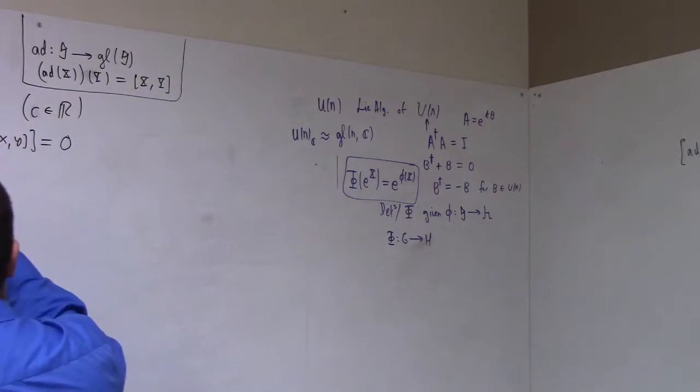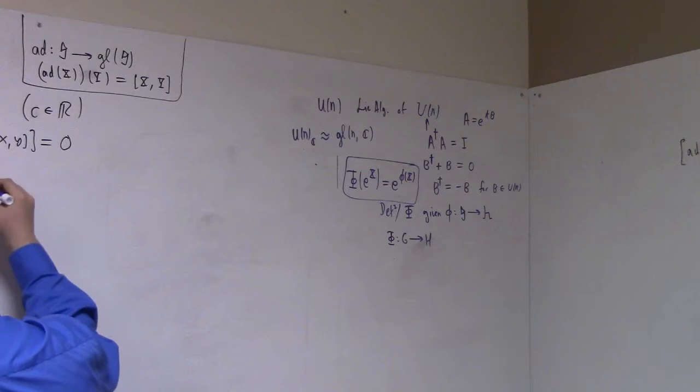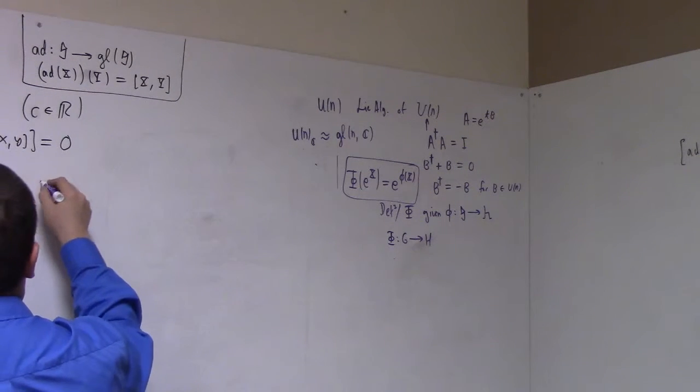The Baker-Campbell-Hausdorff relation is the following, at least written in terms of logarithms of exponentials.